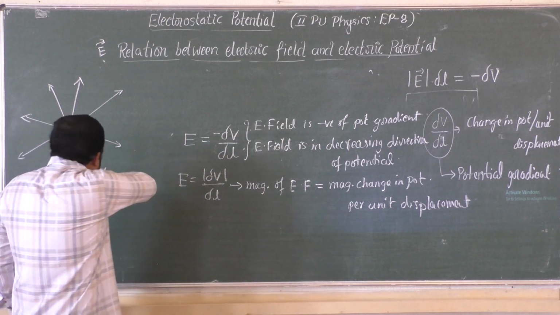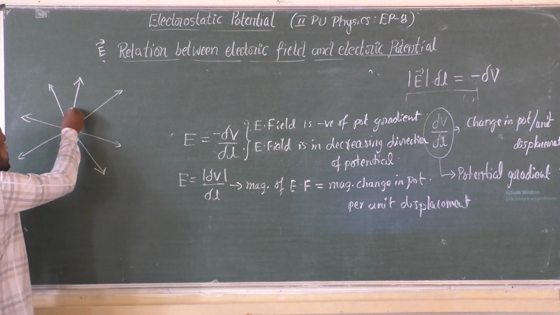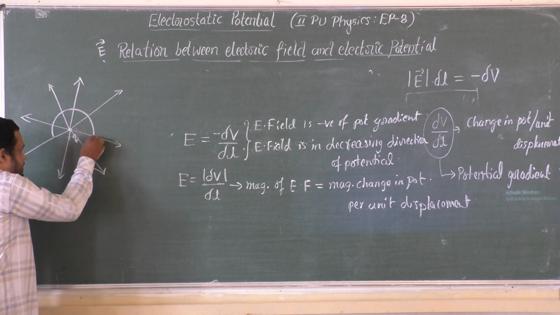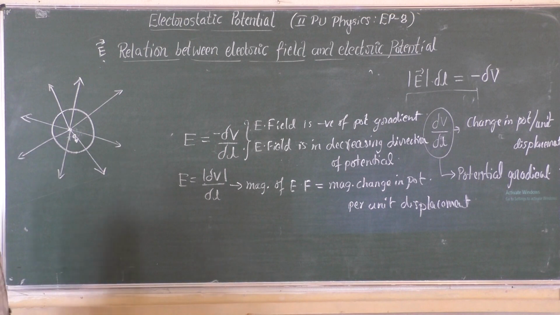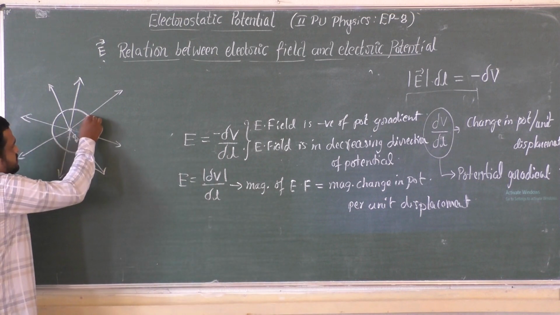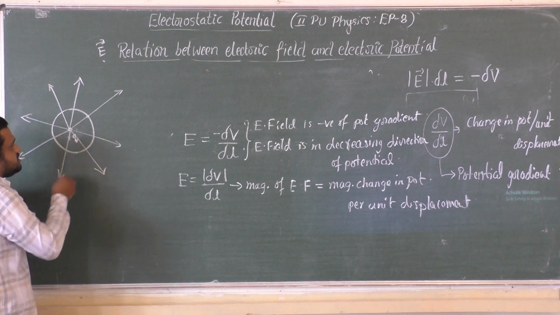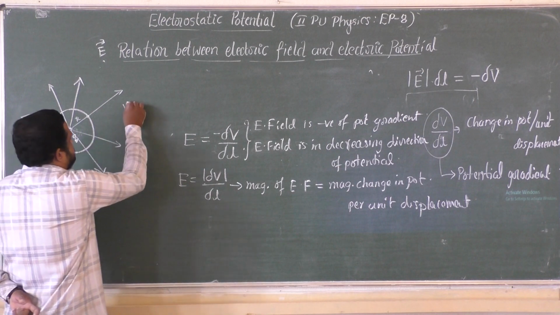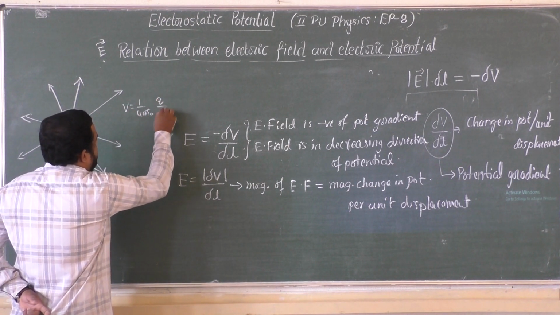In the previous class, we considered equipotential surface due to a point charge. In case of a point charge, equipotential surface is a spherical surface. The distance from the surface to the point at which charge is placed is radius R1. Potential on this surface is V1 equal to 1 by 4 pi epsilon naught Q divided by R1.